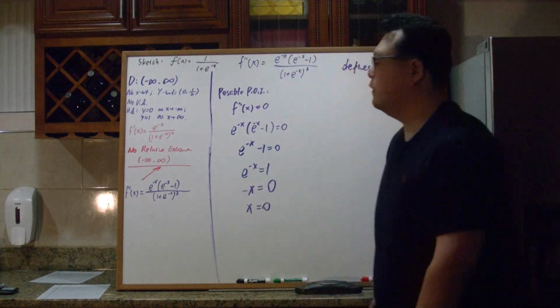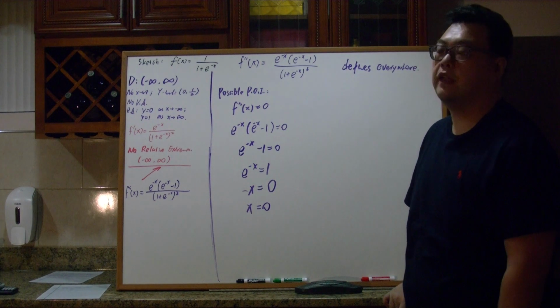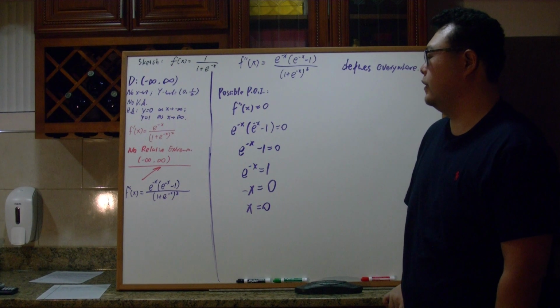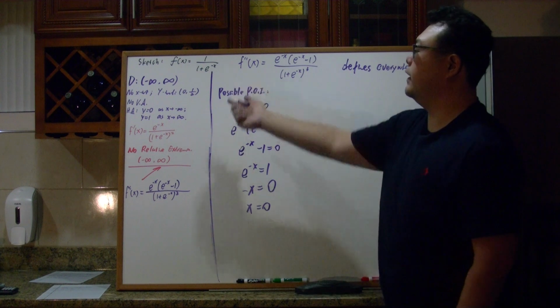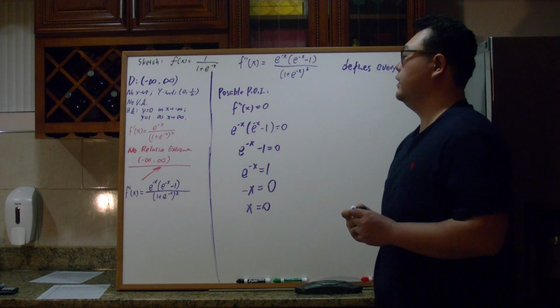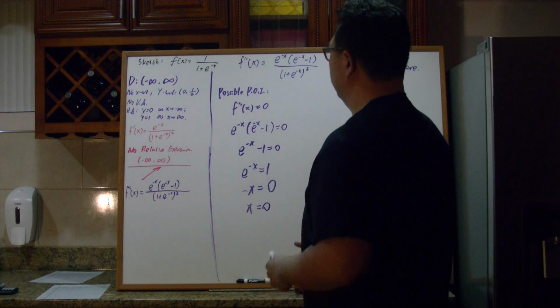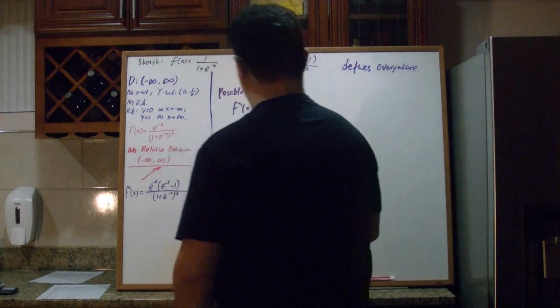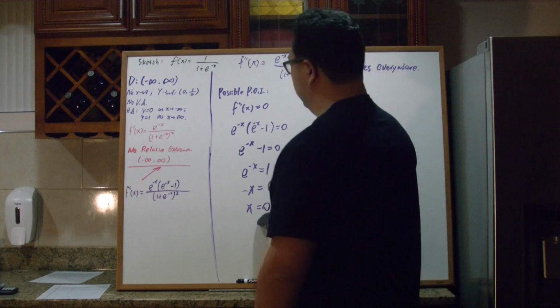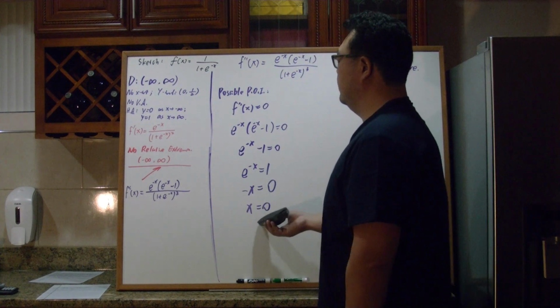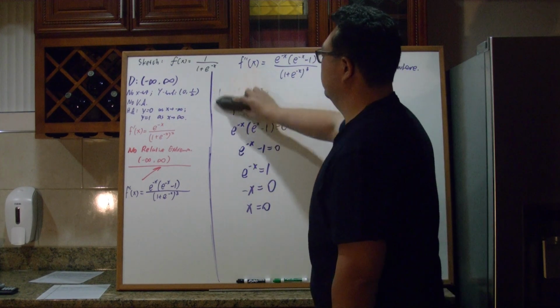If the power of the exponential function equals 0, we get a 1. Then negative x is 0, so x is 0. And we found f of 0 already in our original question. The possible point of inflection is at x equals 0.